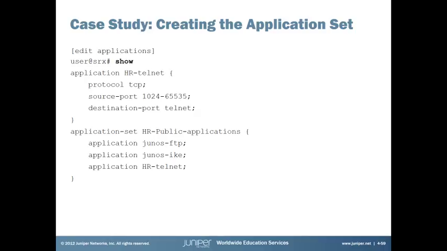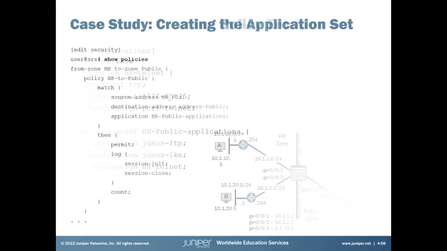So we're creating this application set, and again, this is just for efficiency of use in the policy, in that we don't have to create lots and reference many applications in a policy. We can reference an application set. We've got GNOS FTP, GNOS IKE, and HR Telnet.